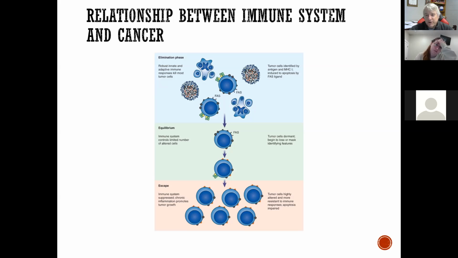So tumor cells identified by the antigen and the MHC1 induce the apoptosis by FAS ligand. And I know y'all are wanting to know what FAS ligand is. Or at least I am.